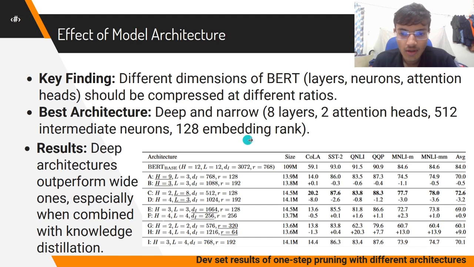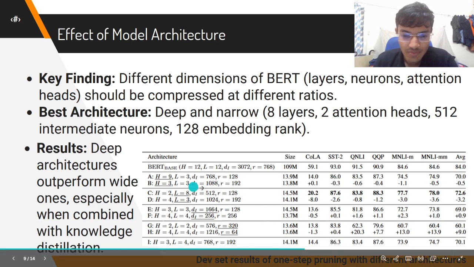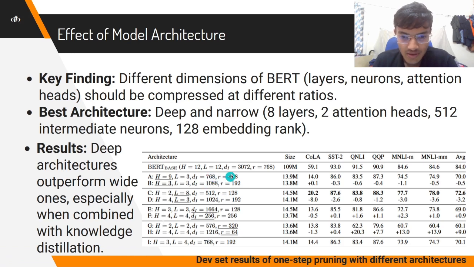Coming on to a key finding in this paper, they tested a variety of BERT architectures. As you can see, H, L and so on are the dimensions, height and length, where length here means width, and different kinds of dimensions, the depth, etc., on all the benchmark datasets I told you about earlier. In the experiments, they found that model architecture C, which is the deepest architecture, performed the best.